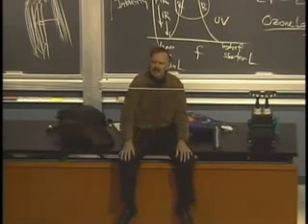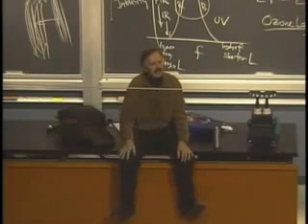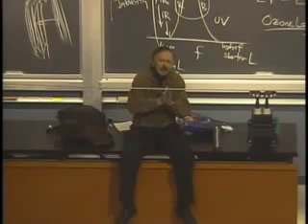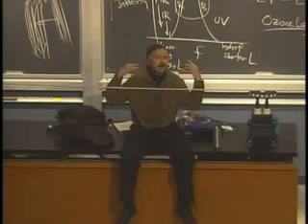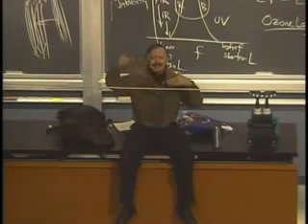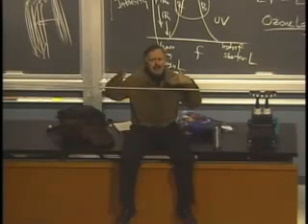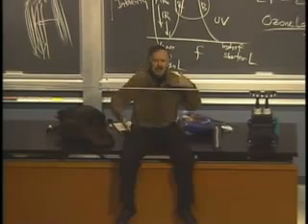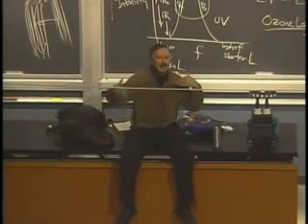Snow is cold. Cold things don't emit as much radiation. In fact, as I'll indicate, it's in the text, if you double the temperature, let's say from 300 Kelvin, 300 above absolute zero, to 600, the amount of radiation doesn't double. It doubles and doubles. It goes up by the fourth power.